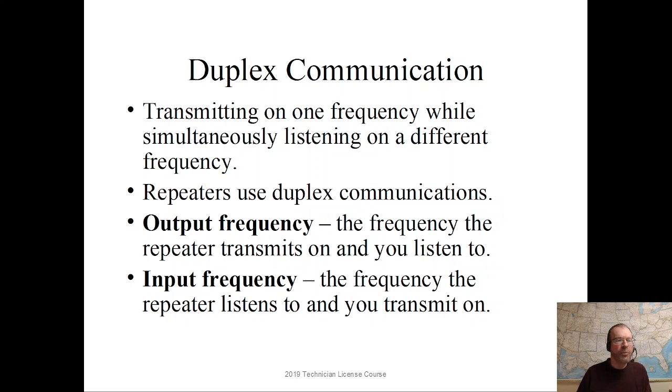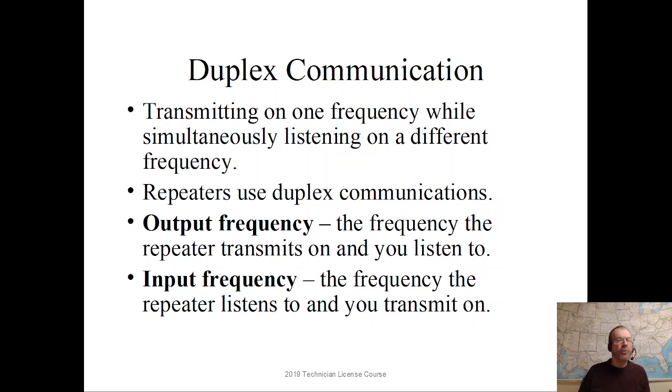In duplex communication, I'm transmitting on one frequency while simultaneously listening on a different frequency. Repeaters do use duplex communications, and therefore they have two frequencies that we have to remember. The first one is the output frequency. This is the frequency that your repeater transmits on and that you're listening to.